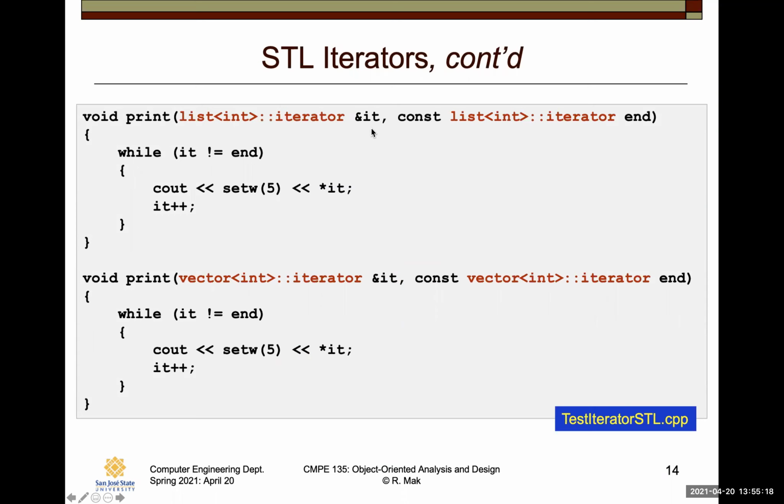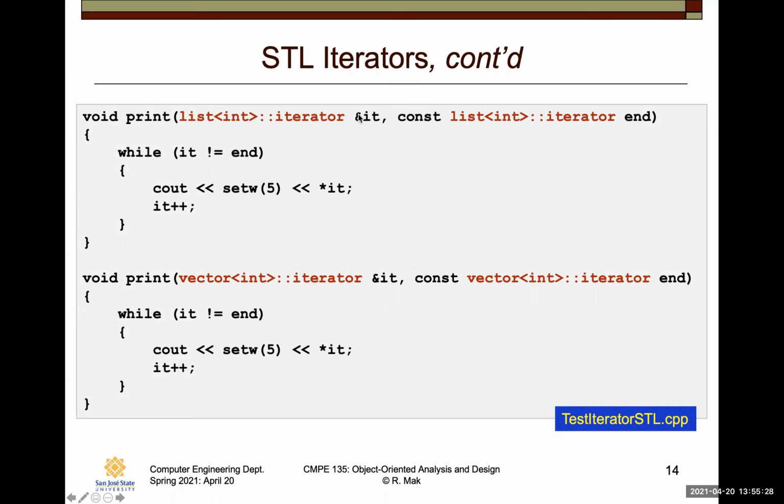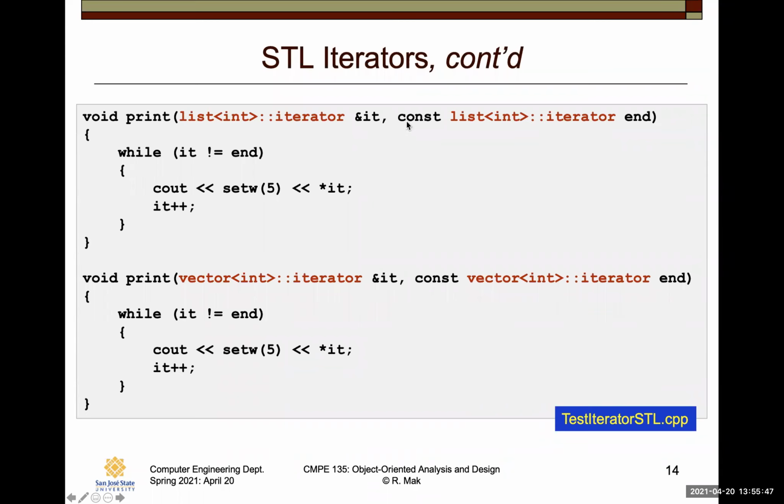Notice when I call it, I'm passing in the iterator that I created by reference. So the IT parameter is an iterator for a list of integers, and I'm also passing in the end of the list as a constant.